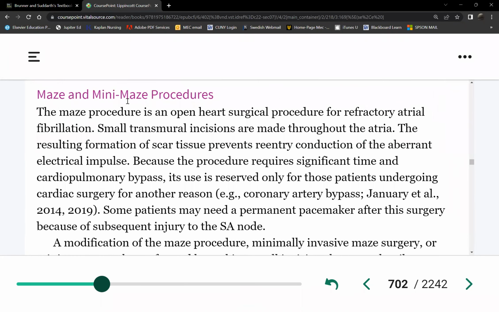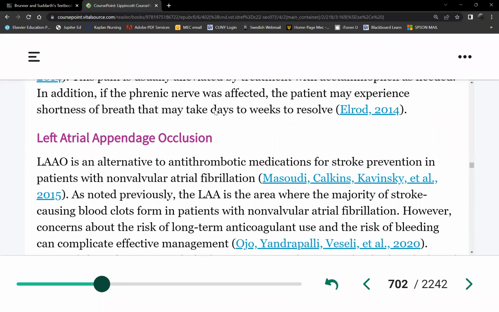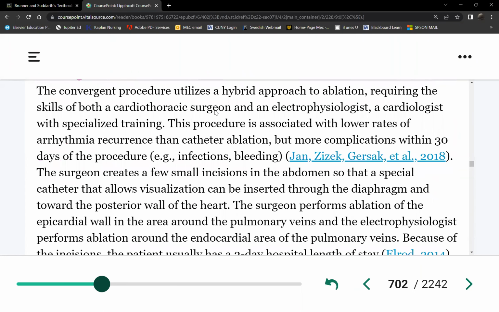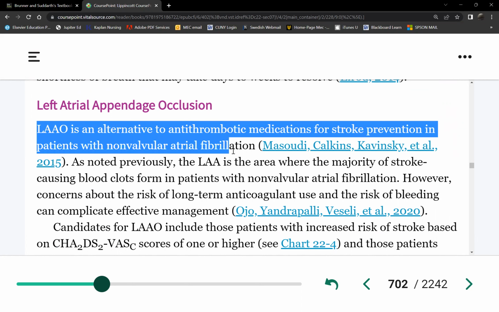We're not doing the maze or mini maze. These are not very common procedures. An increasingly popular procedure is for patients who are not good candidates for anticoagulation.